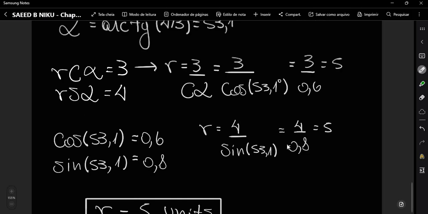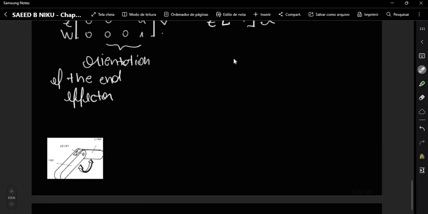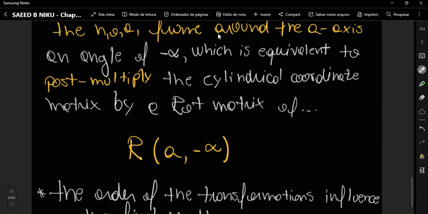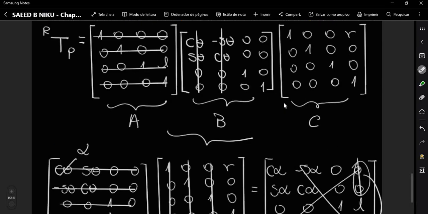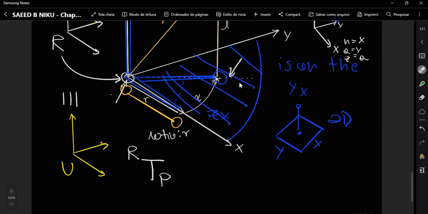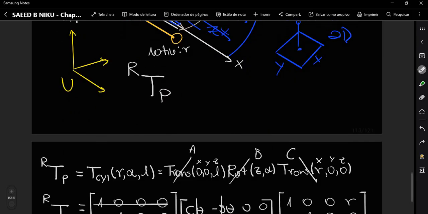That is the answer. Now we know the limit this robot can reach is 5 units, so 5 units right here, or this region. It is a ratio of 5 units.